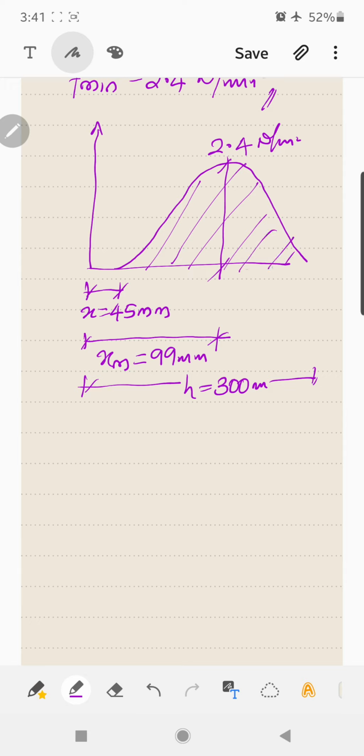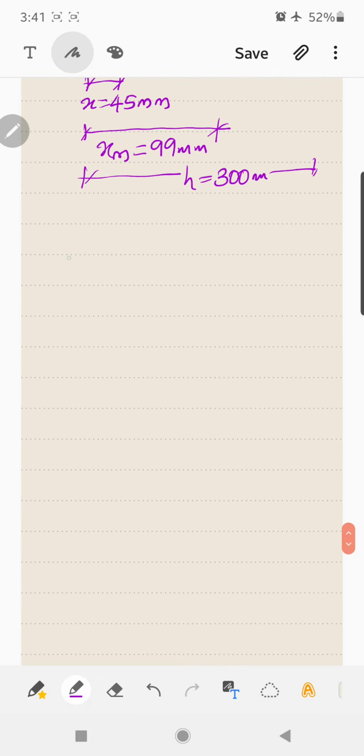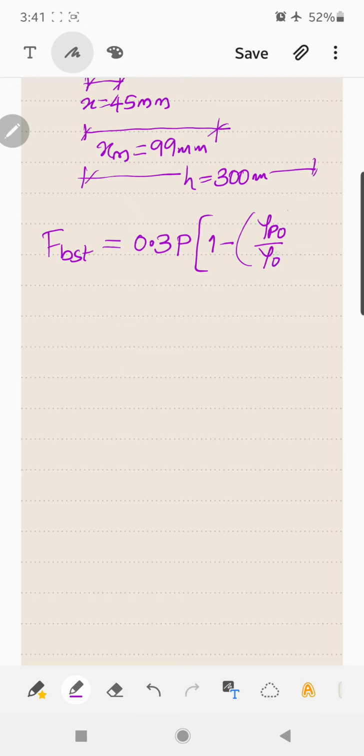And if you want FBST, you can take the area of this parabola, or use the formula given. The bursting tension force FBST, as per Guyon's method, is 0.3 P into (1 minus yp naught by y naught) raised to 0.58.